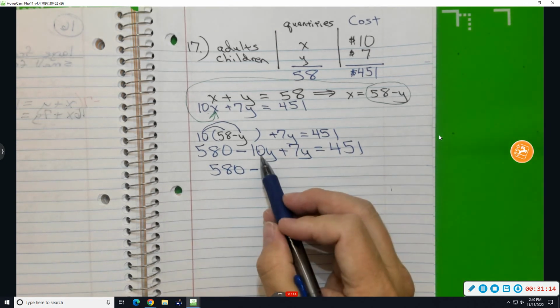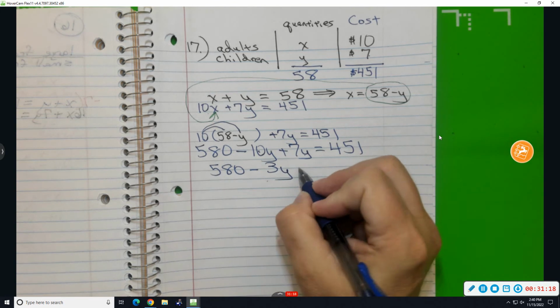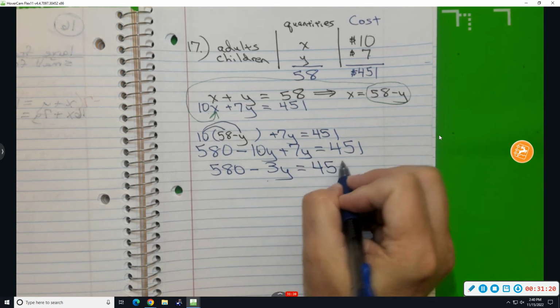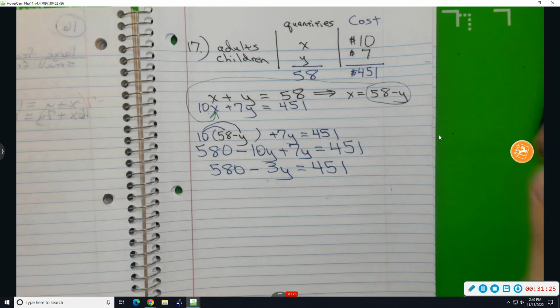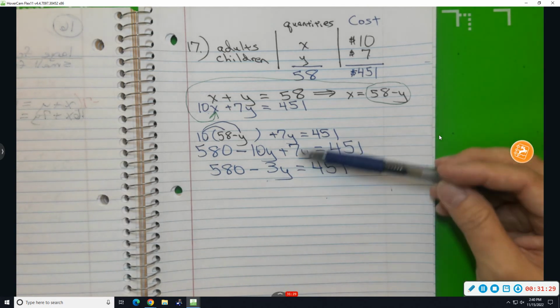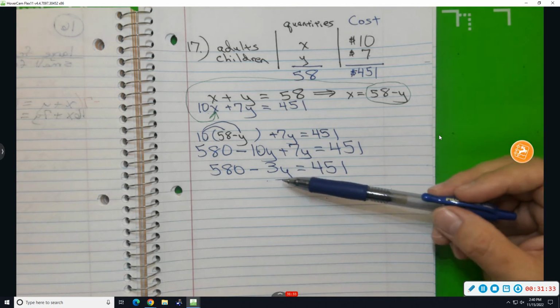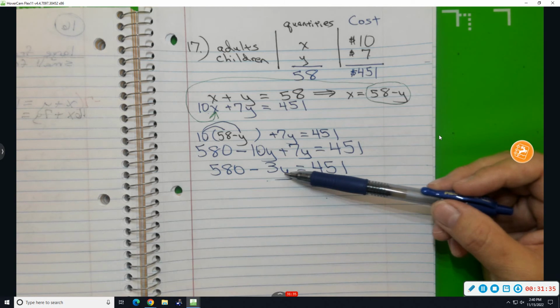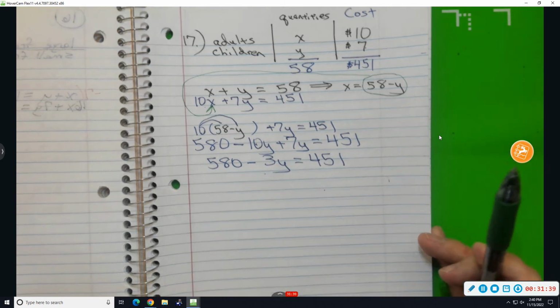Negative 10Y plus 7Y, I agree, that's a negative 3Y. Now that we've combined the Y's, what do we need to do? Minus 580 on both sides. We've got to get the Y term by itself, so we'll subtract 580.